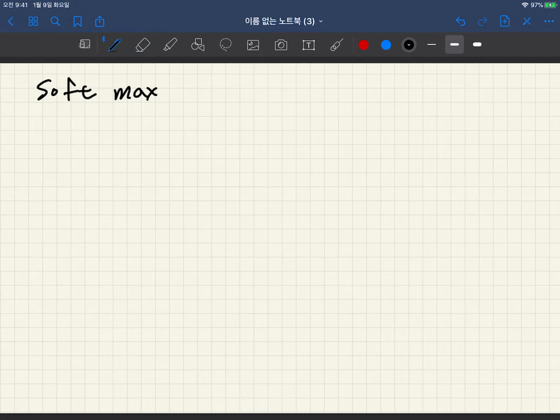Right? Instead of directly obtaining the y hat vector from your model function, people usually first obtain some score vector, which we call the logit vector.